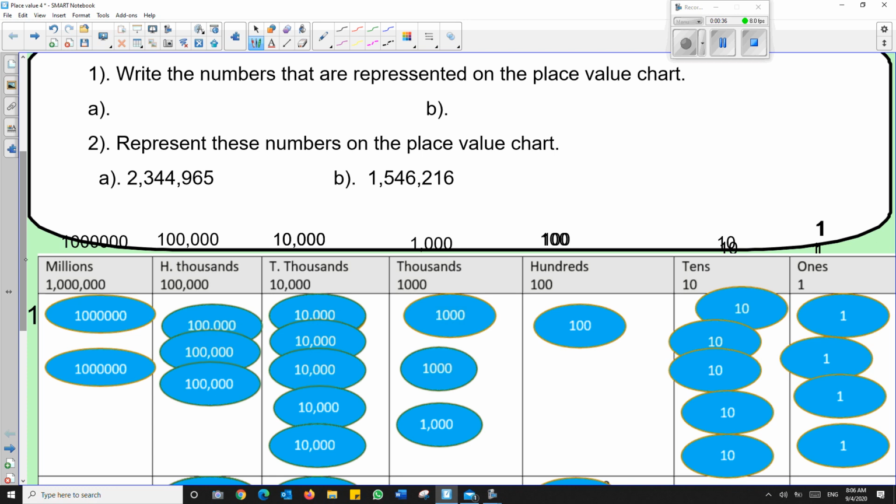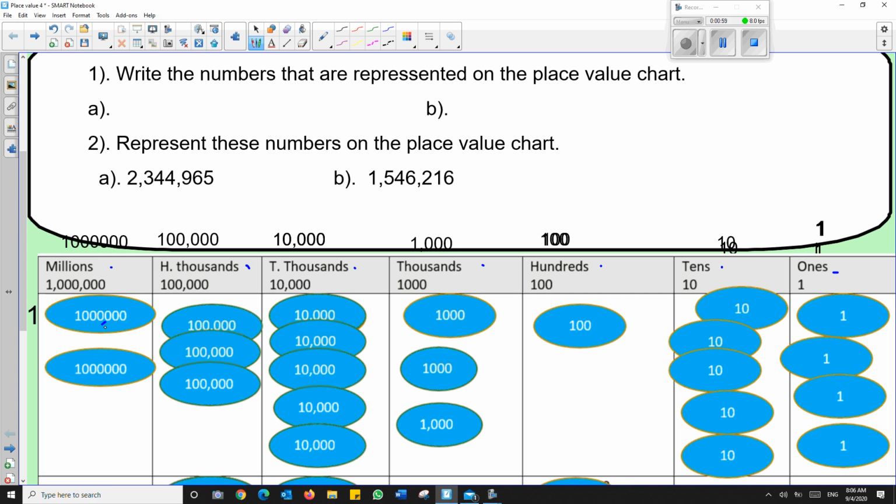Remember, we have ones, tens, hundreds, thousands, 10,000s, 100,000s, and millions. How many zeros are there in a million? There are 6 zeros. How many zeros are there in 100,000? There are 5 zeros.